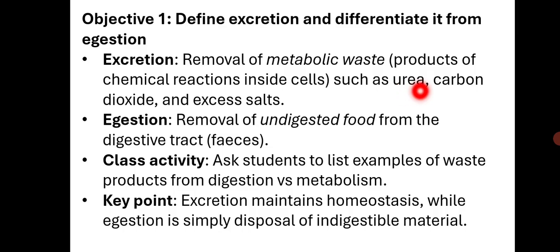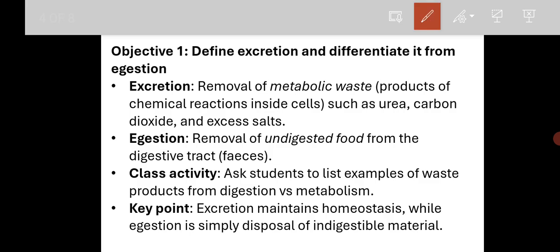Examples of such wastes are urea, which is CO(NH2)2, and then we have carbon dioxide, CO2, and salts such as sodium chloride.